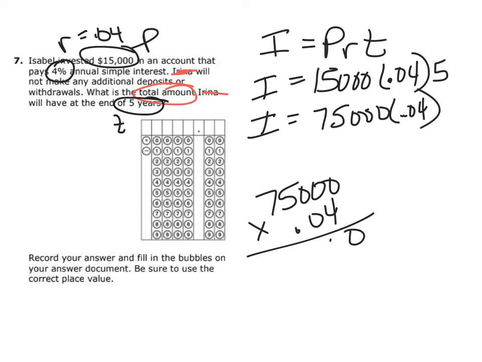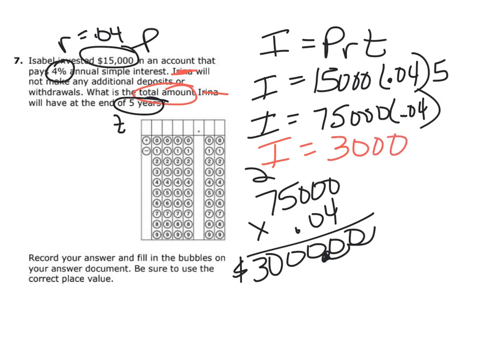So that's 0, 0, 0. 4 times 5 is 20. 4 times 7 is 28 plus 2 is 30. You have 2 decimal places. Okay, so my interest in this case is $3,000.